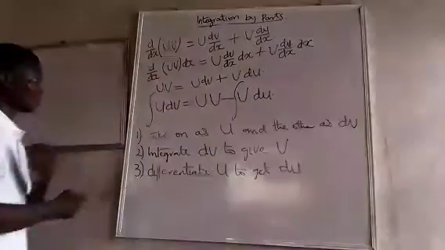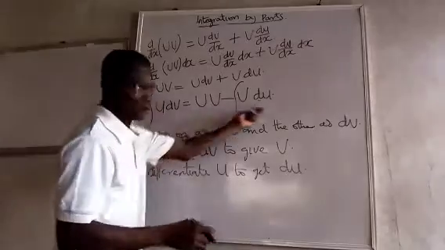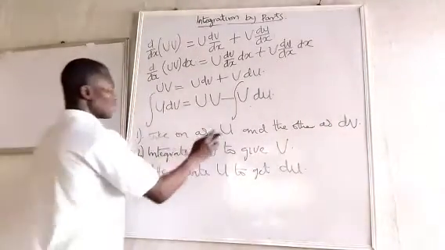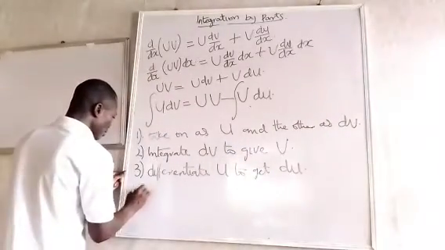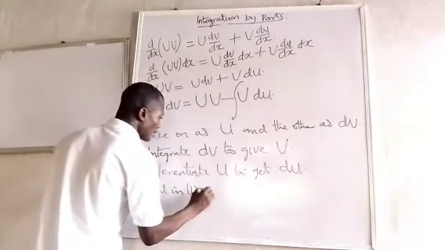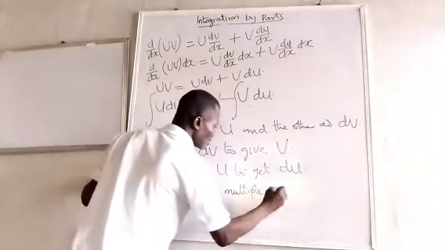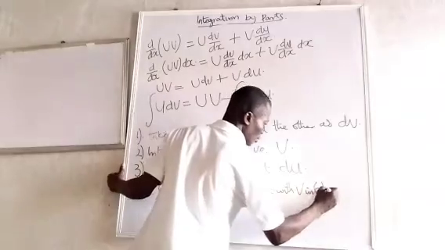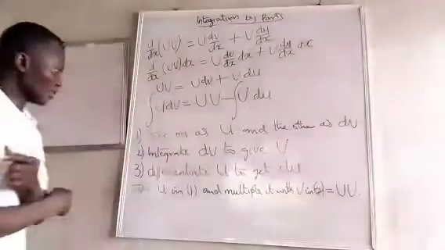So you can see, from this place, we are going to get these two expressions. Now you will take the u in one and multiply it with the v in two, so it will give us uv.